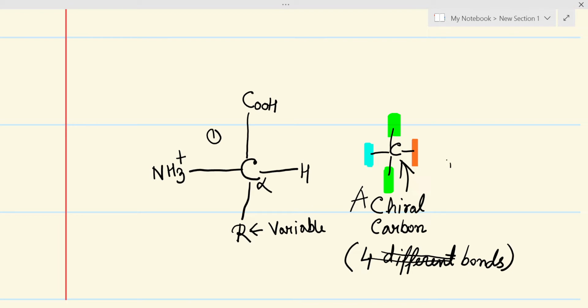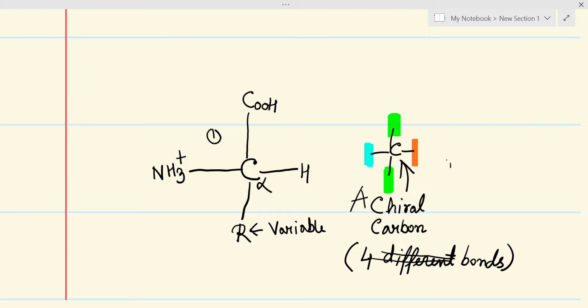Dextro means towards the right side and levo means towards the left side. And if a carbon atom has similar 2 bonds or 3 bonds, not all the 4 bonds are different, then that carbon is known as achiral in nature, and that will not rotate the plane polarized light.